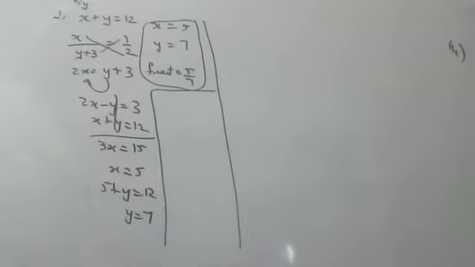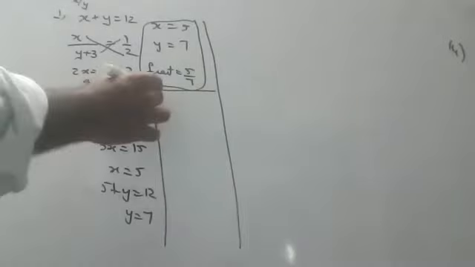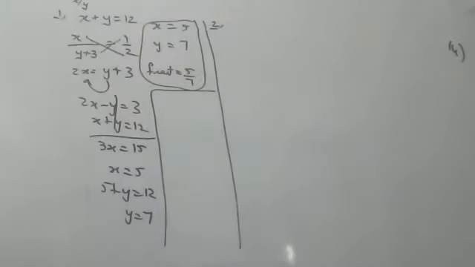Second sum. The sum of numerator and denominator is 3 less than twice the denominator. Please see, children.